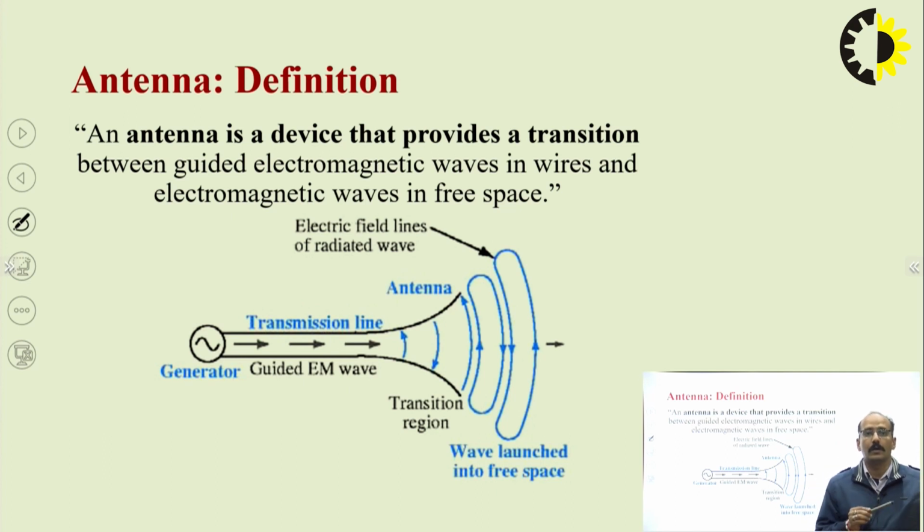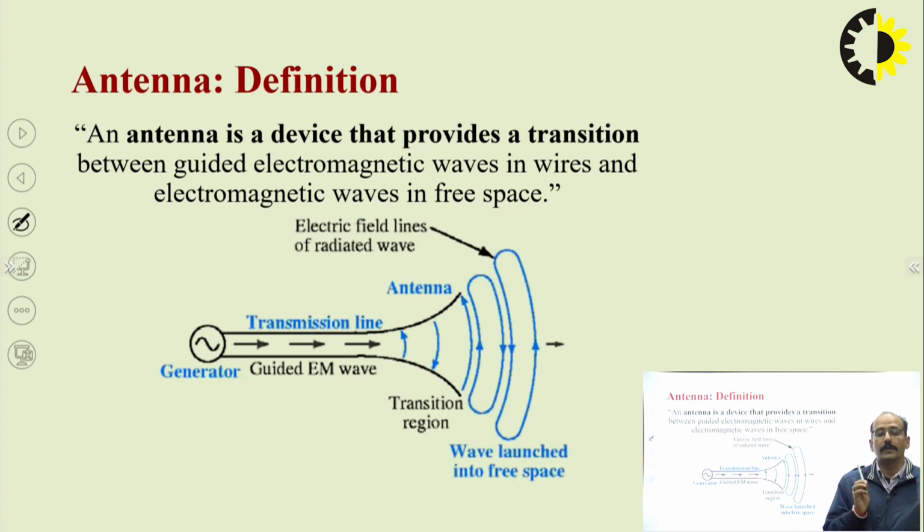Third, if there is no proper matching at the end of the wire, the applied power will be reflected back towards the source. But when we are talking about an antenna, if you apply power to a conducting wire, that power will be converted into electromagnetic waves due to the radiation property of the wire.